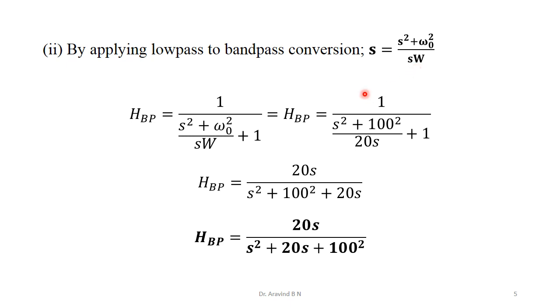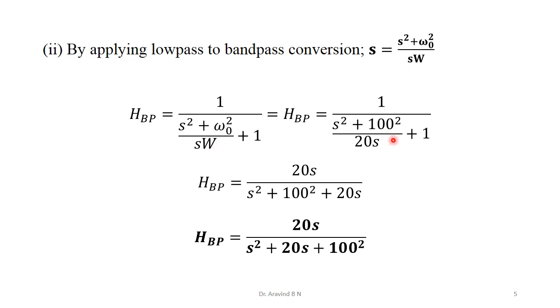Now let us make the substitution in the low pass prototype. So HBP will be equal to 1 divided by S square plus omega naught square divided by SW plus 1. Omega naught, the center frequency, is given as 100, and W, the bandwidth, is given as 20.